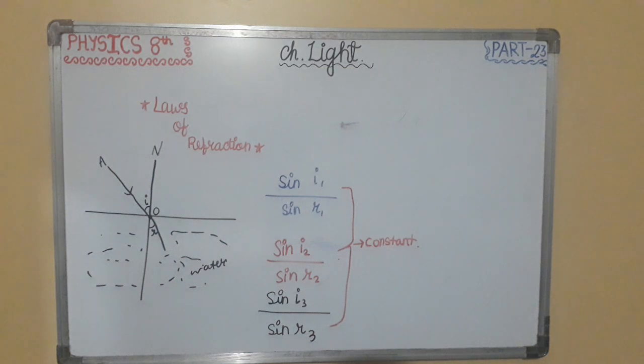This constant is called the refractive index of the medium with respect to air and is denoted by this sign, like this.